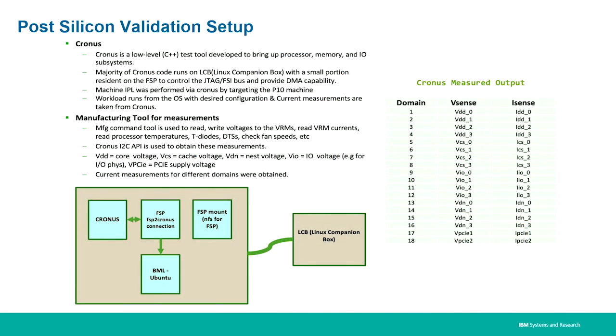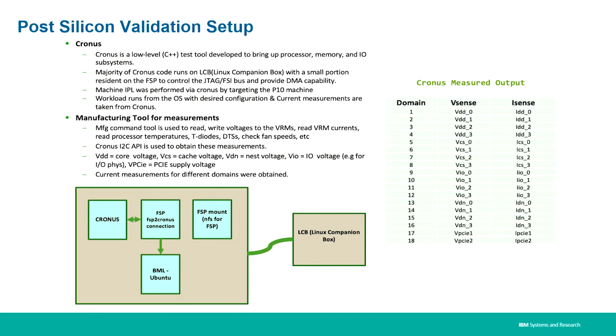In terms of post-silicon, it's still the traditional one. We use Cronus. It's a low-level test tool which is used in manufacturing test and bring up. Essentially, the majority of the Cronus code runs on a companion box, the Linux companion box, and there is a small part of it on the flexible service processor, which is on chip.